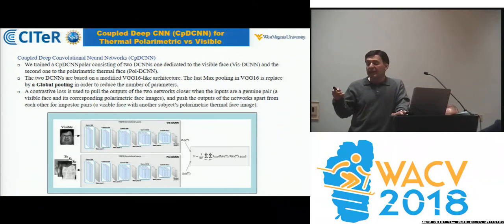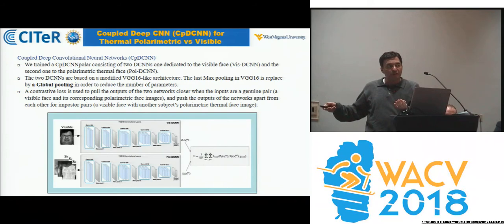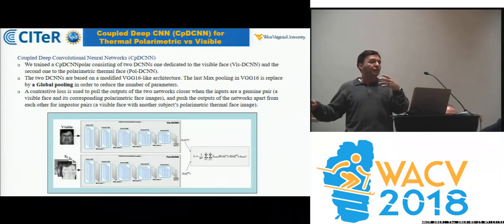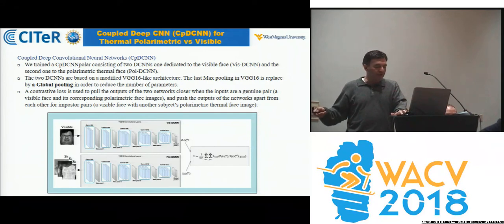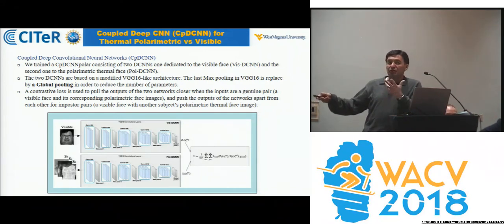So you have the same algorithm, except that now the input to my thermal CNN is not just the thermal image, but also the polarization state information. The input will be just like RGB: S0, which gives you the thermal imagery, and S1 and S2, which give you the thermal polarimetric state information. And we do the same thing. Of course, there are some engineering tricks here.